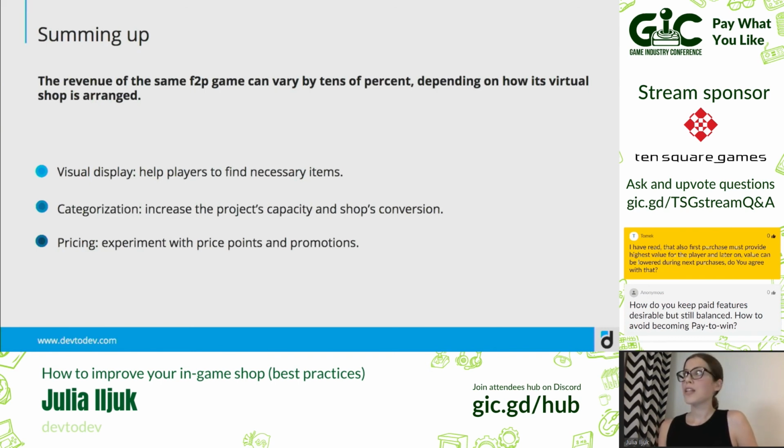Yes, because as I mentioned, that minimum pricing point, you needed to convert players, and that is why it needs to be a good deal. But again, there is no one correct answer for everything. Only A/B testing can help you to make the really correct decision in your game.